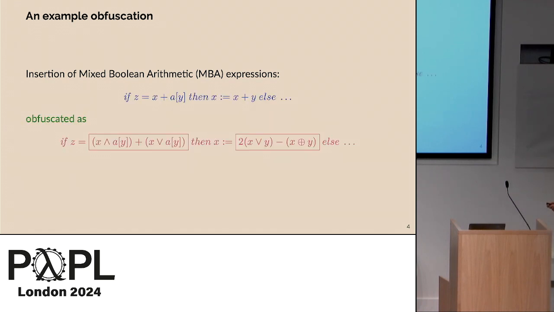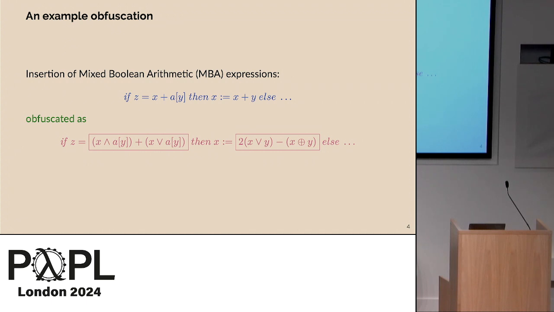It takes a program, for instance this if-then-else, that has a few expressions like this comparison and this assignment, and obfuscates it using a nice property of the plus operation: you can rewrite plus as a combination of plus and some bitwise operations. So for instance, this one gets transformed to this one, and this x plus y gets transformed in this way.